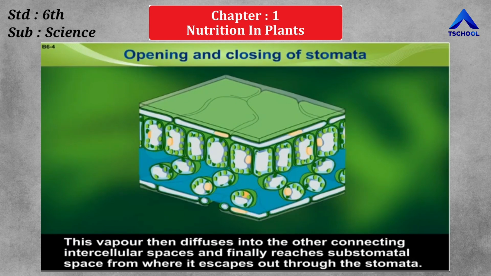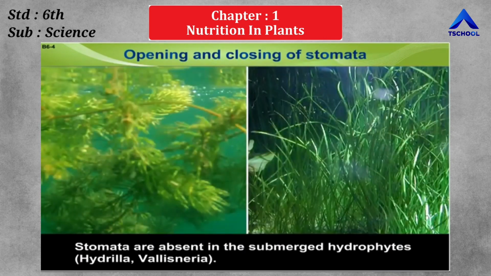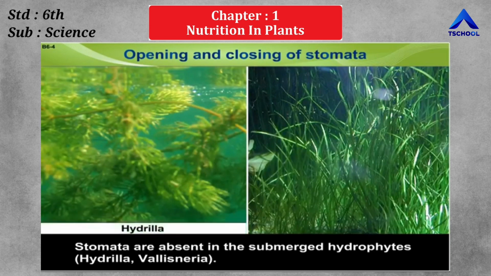This vapor then diffuses into the other connecting intercellular spaces and finally reaches the substomatal space, from where it escapes out through the stomata. Stomata are absent in the submerged hydrophytes, that is, Hydrilla and Vallisneria.